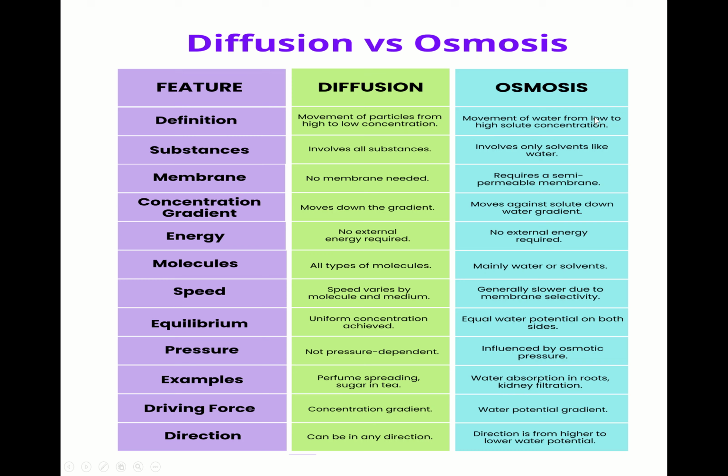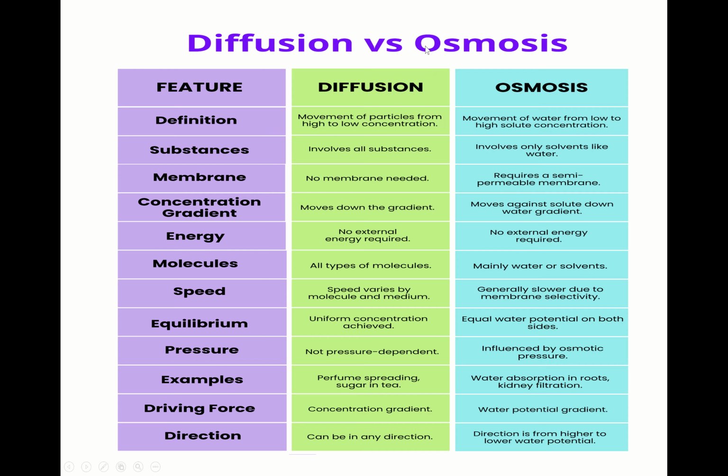So remember, if they are asking about water concentration, then it is the same, high water concentration to low water concentration. But when they are asking regarding solute, then you should know that the water molecules are transported from low to high solute concentration.